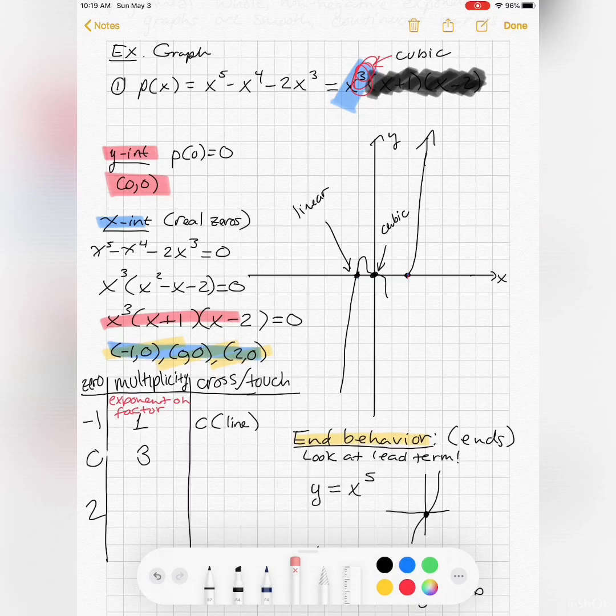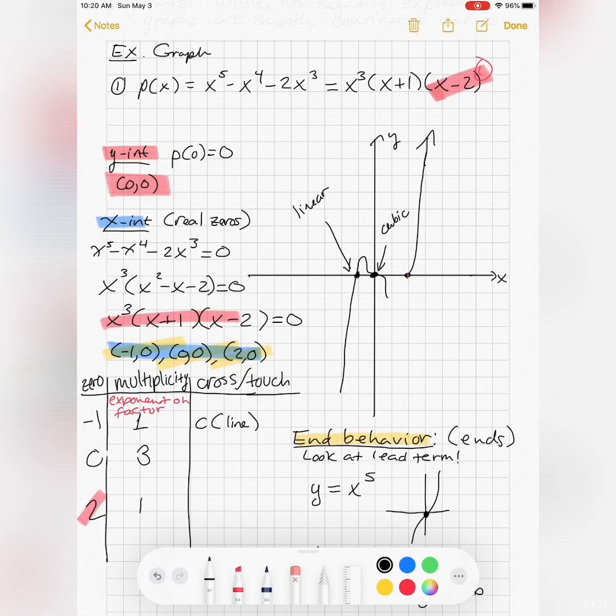Going back. And then what's left? x equals 2. This one came from here. That guy again has a power 1.